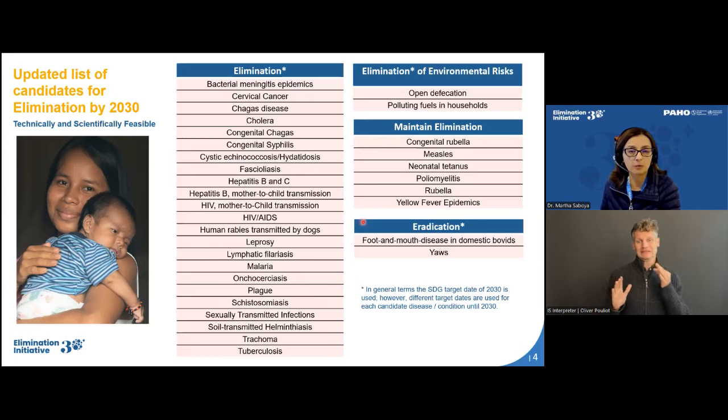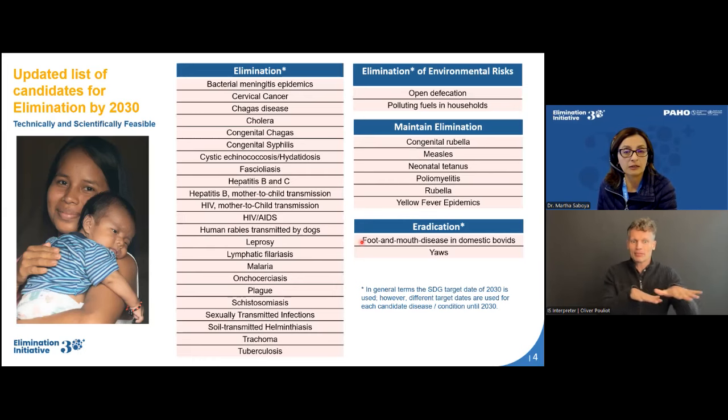And the fourth group has two diseases that have been targeted for eradication globally, in which this region needs to achieve the interruption of transmission to contribute to the eradication goal: foot and mouth disease and yaws.